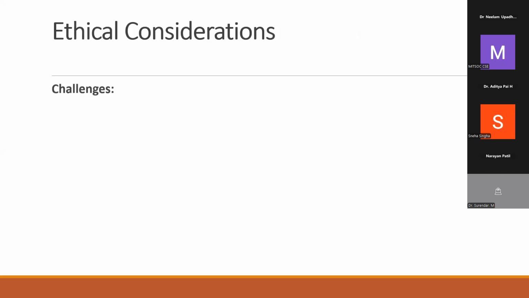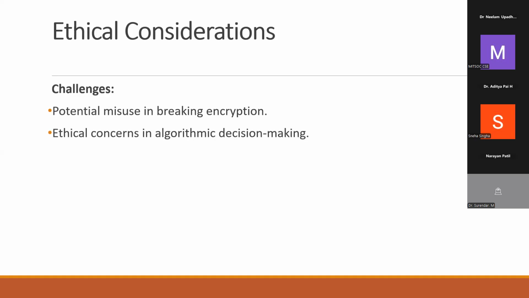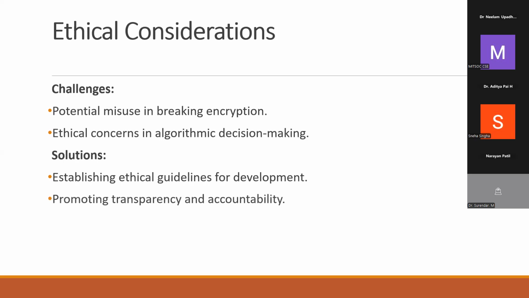Ethical consideration is also important. Potential misuse in breaking encryption, we need to concentrate on these ethical considerations, then ethical concerns in algorithms and decision making. These are the two challenges in ethical considerations, and the solution is establishing ethical guidelines for development, promoting transparency and accountability, because we must take accountability for whatever we develop, as it creates social impacts.